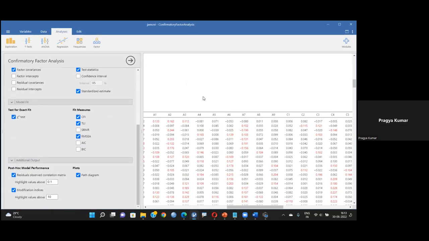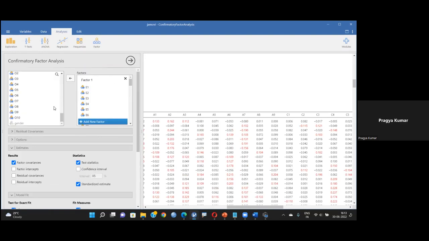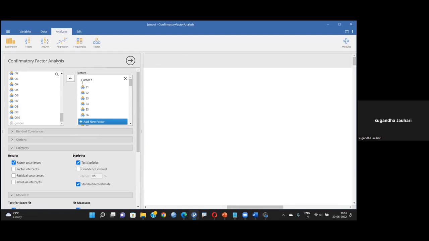One criterion was that it should explain at least 60% of the variance. Then only, ideally, we say that we will do the CFA. Just for learning purposes we have shown you, but those many factors should explain at least 60% of the variance. Is it okay? Yes, ma'am.